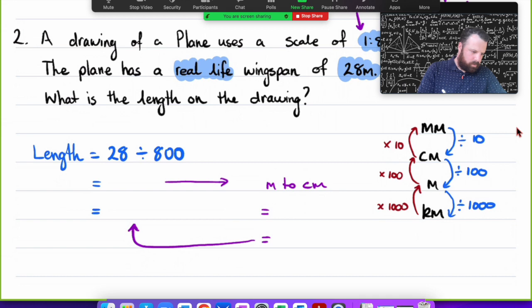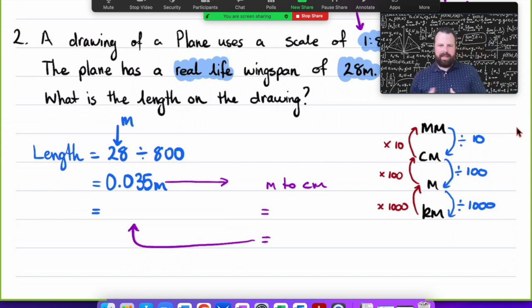When we did that, we get 0.035 meters. Because remember that unit there was in meters, so my answer is going to be in meters. But are we going to talk about drawing something on a diagram as 0.035 meters? No, we're not. Let's make that into an easier unit to understand.